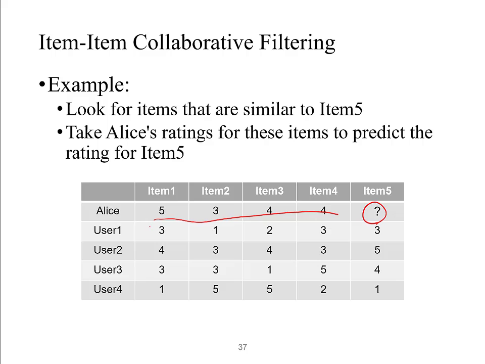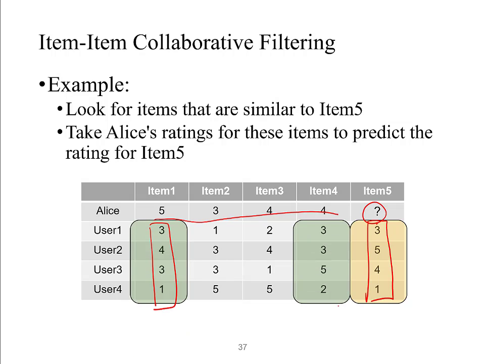By similar, you can take the rating vectors here and compute the similarity. From what we can observe, most likely items 1 and 4 will be considered similar to item 5. Then the prediction of this rating should be based on this 5 and this 4.